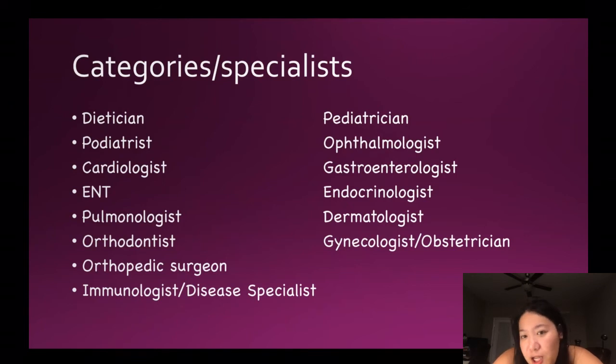There's the pediatrician, which is different from the podiatrist, and the pediatrician deals with children. And the ophthalmologist, ophthalmo meaning eye, is essentially the eye doctor. There's the gastroenterologist, the stomach and intestinal area specialist.